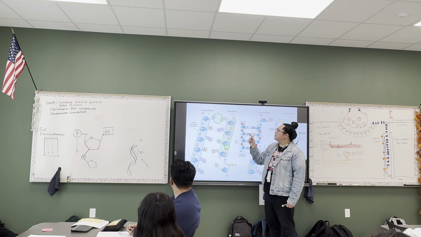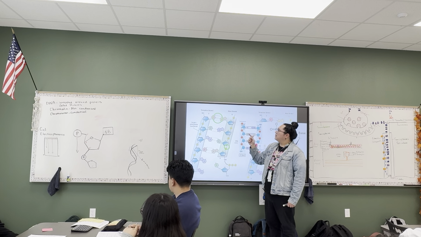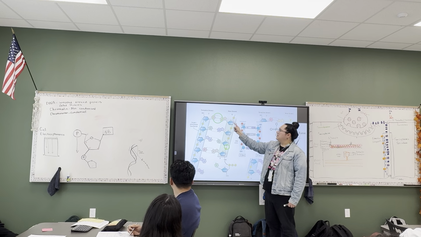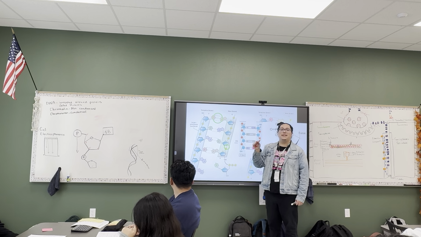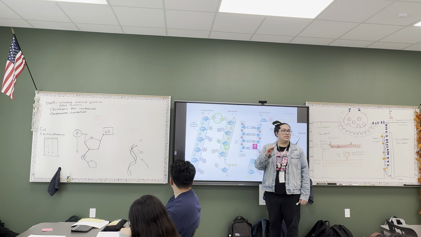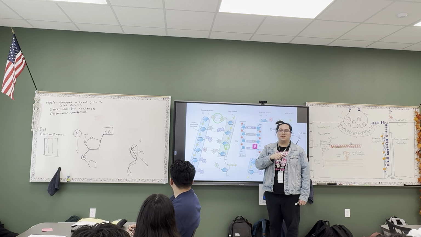What is that one attached to? Well, the phosphate's right there. That's not attached to the phosphate directly. Again, this is the point of why being able to count them is important. So we know which one it is.